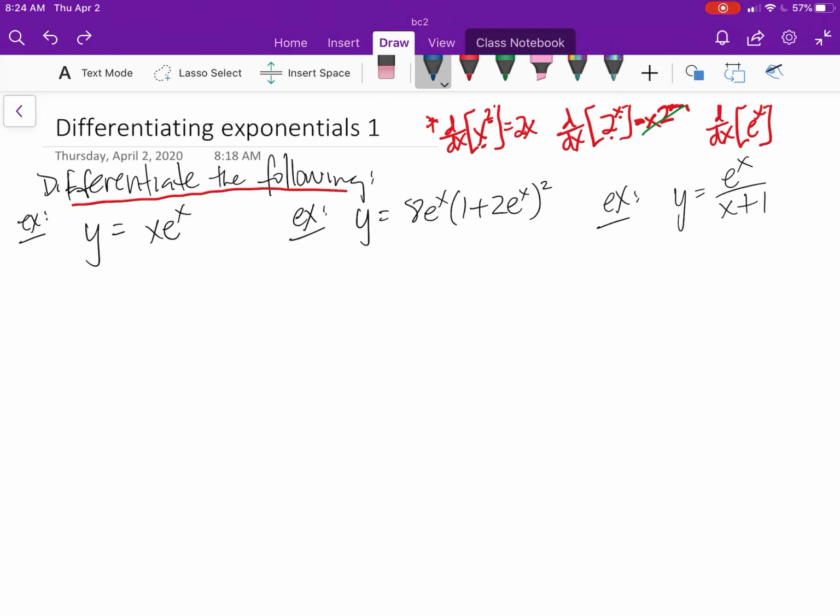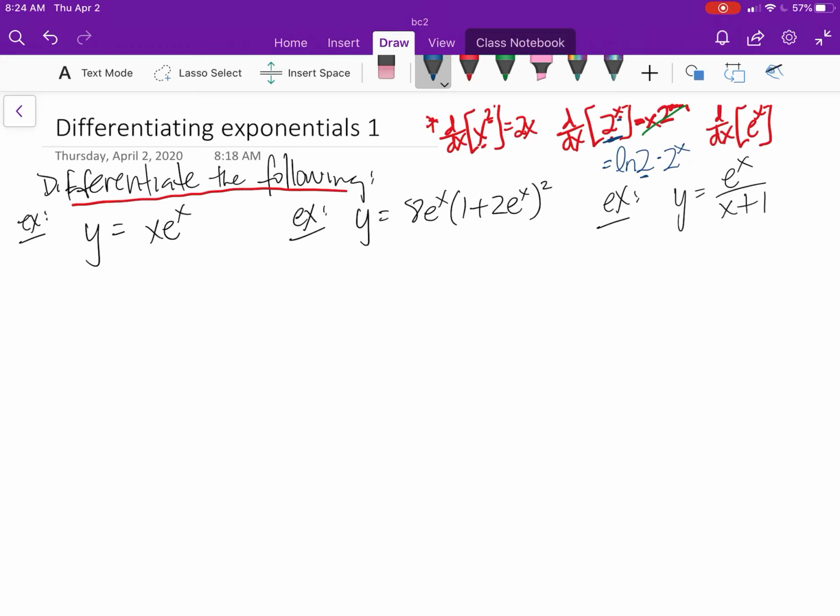Anytime we have the base and the variable has the exponent like this, the rule is that it stays the same, but we multiply by the natural log of whatever the base is. So ln 2 multiplied by 2 to the x. Okay, the 2 to the x stays, and we multiply by the natural log of the base.